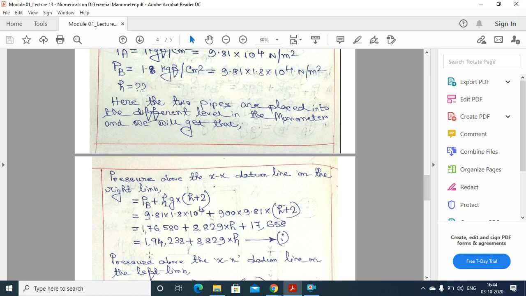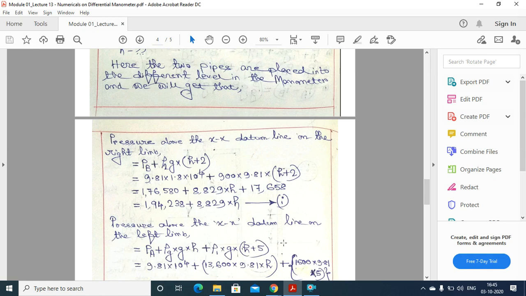If we solve this, then we will get 1,94,238 plus 8,829 into h. That will be our equation number 1. So the pressure above the XX datum line on the right limb is 1,94,238 plus 8,829 into h.